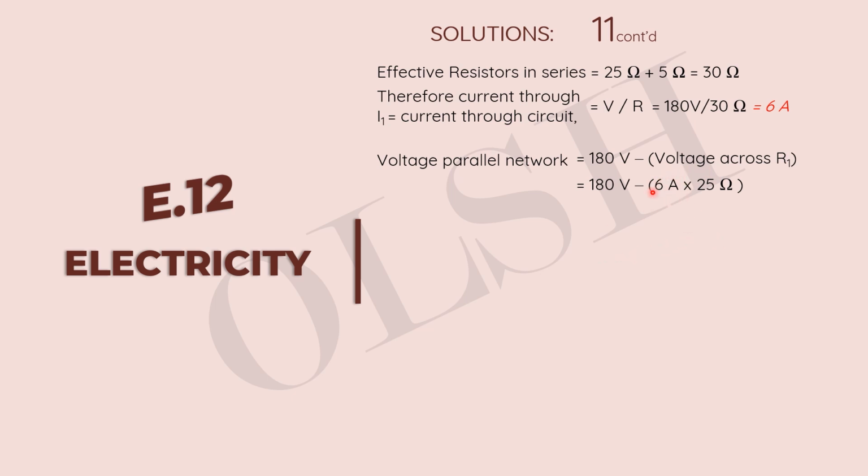So we take I to be 6 amps for R1, then multiply it by the resistance of R1, which is 25 ohms. If we subtract that voltage from 180 volts, we have that 30 volts is what we have on the network of R2 and R3.